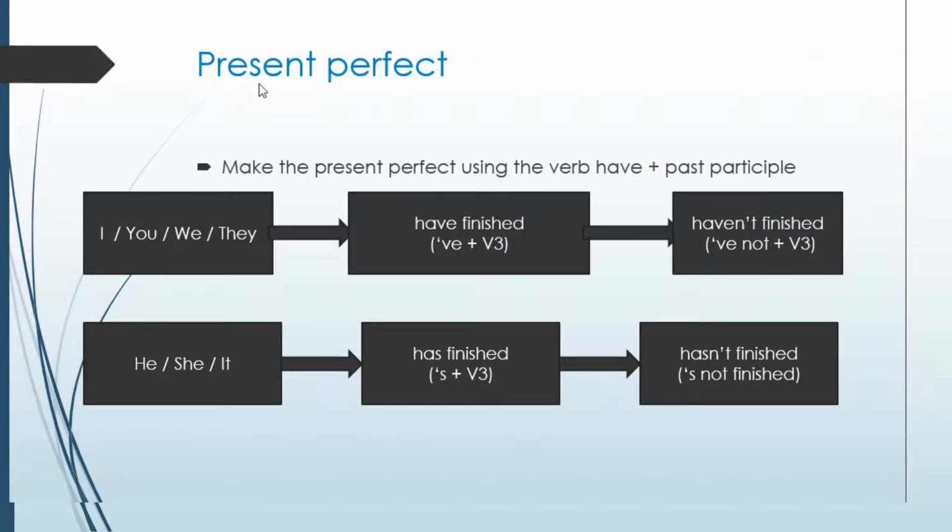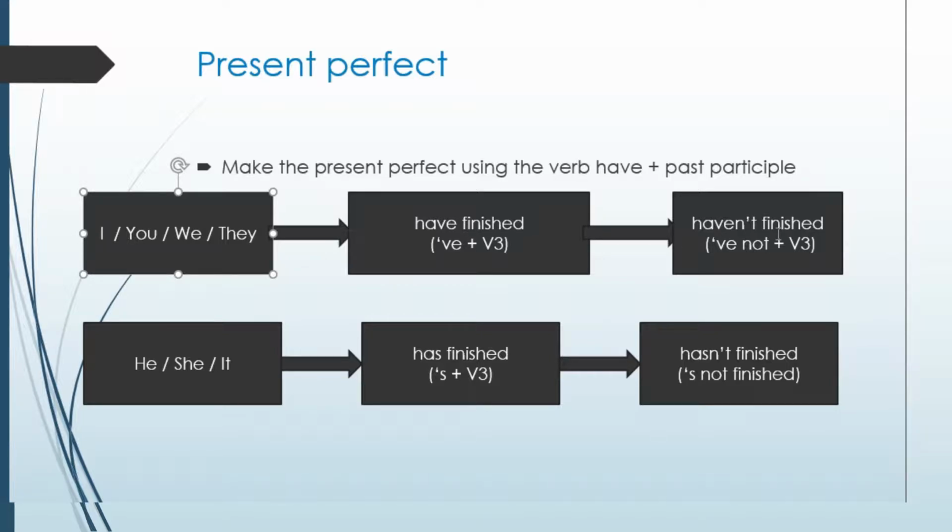First, let's look at the rule to make present perfect. Make the present perfect using the verb have with the past participle, that is, the subject I, you, we, they, have, and then the past participle, for example, finished.